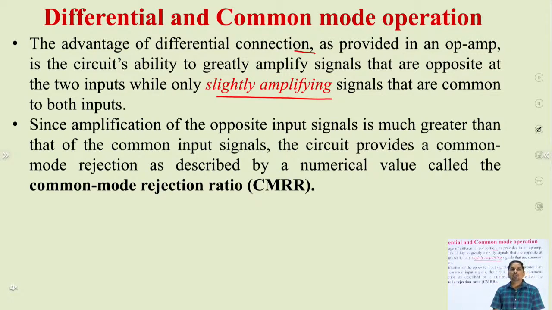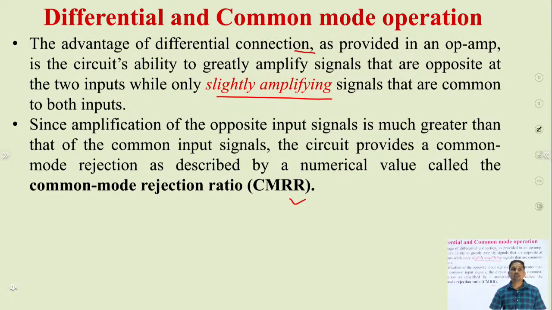So the differential amplifier configuration is very important. That's why it is available at the input side in the first stage. So the noise basically gets eliminated because noise is common to both inputs.